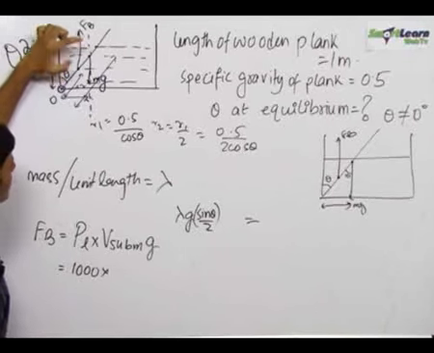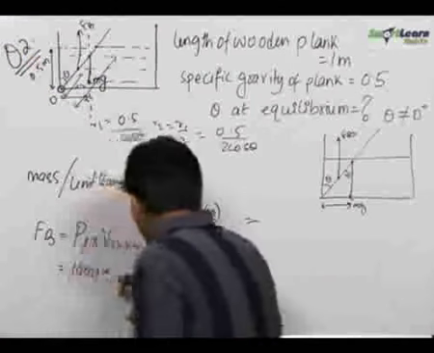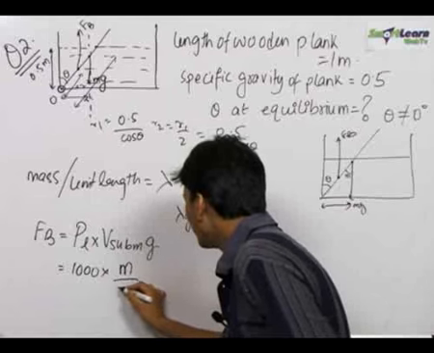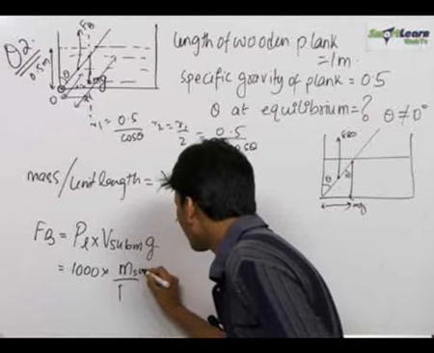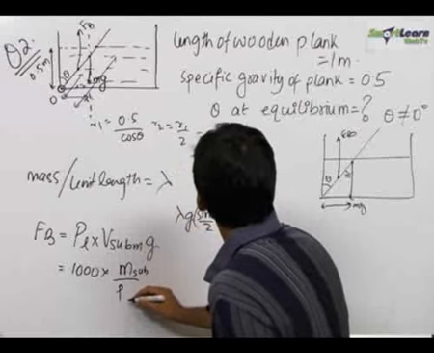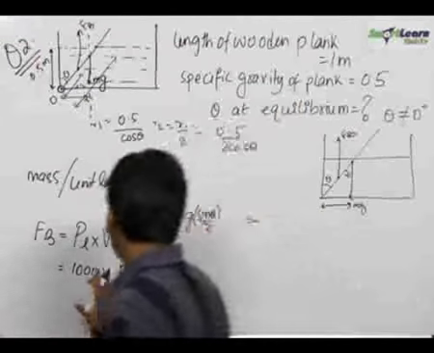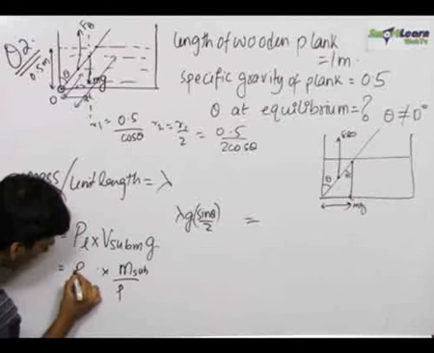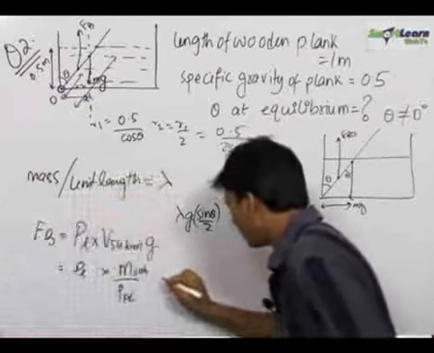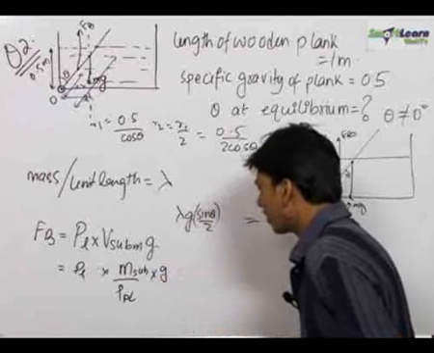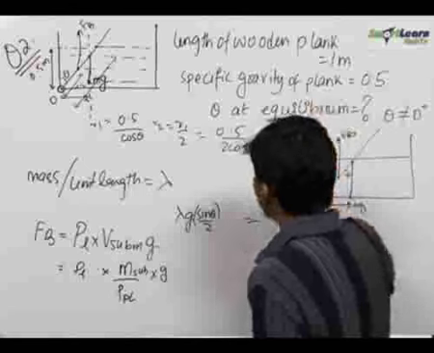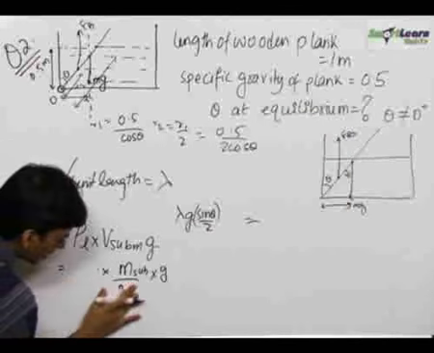So volume submerged can be written as mass submerged upon density of the plank, that is given, since the specific gravity of the plank is given. So we write this, let this remain as rho L. This is rho of plank into g. Now rho plank upon rho liquid is given to be 0.5. So we can replace this by 0.5 here.